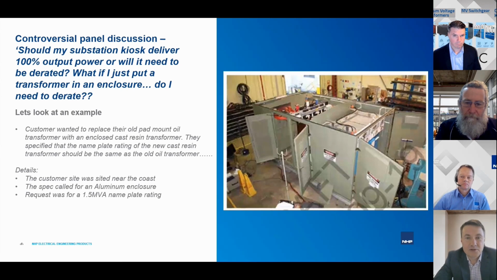So therefore, compared to natural ventilation, the forced ventilation provided a much higher impact and increased the rating from 1200 to 1500. So that was the outcome of type testing.